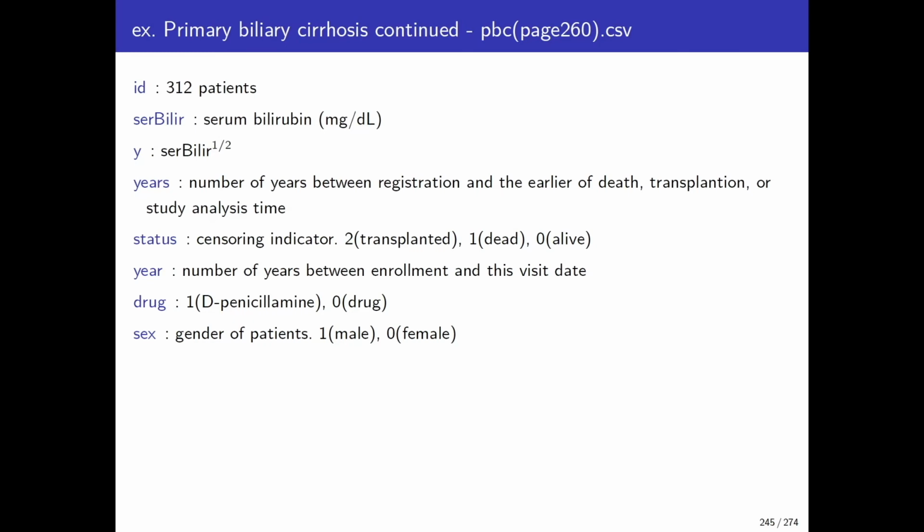The variables include the ID, serum bilirubin, Y, years, status, year, drug, 1 for the penicillamine and 0 for placebo, sex, the gender, 1 for male and 0 for female.